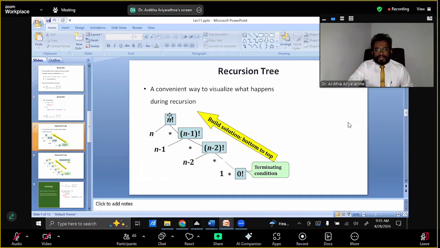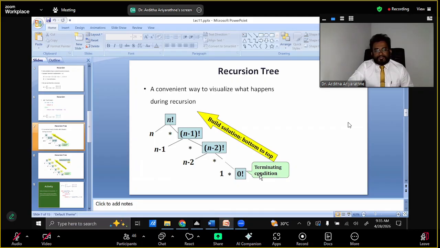If you want to find factorial of n, it is n multiplied by (n minus 1) factorial. (n minus 1) factorial means (n minus 1) multiplied by (n minus 2) factorial. Likewise, you can continue up to the basic level, once you find 1 multiplied by 0 factorial. This is the terminating condition. Terminating condition means we are not going to call the recursion after we reach the basic level.